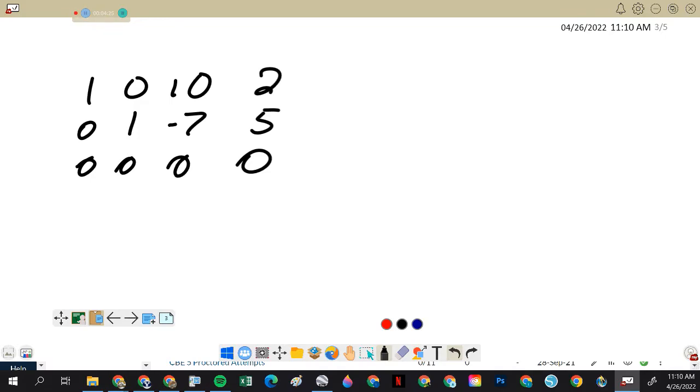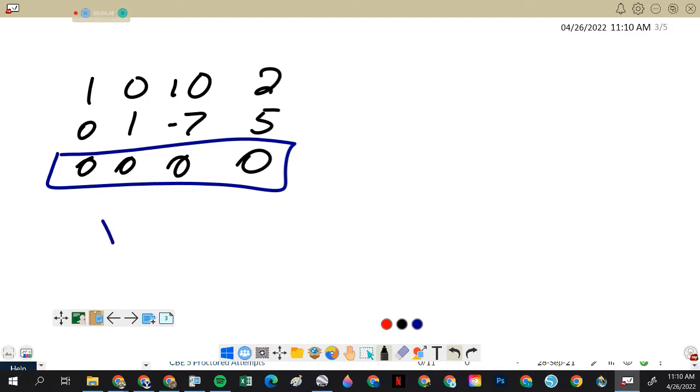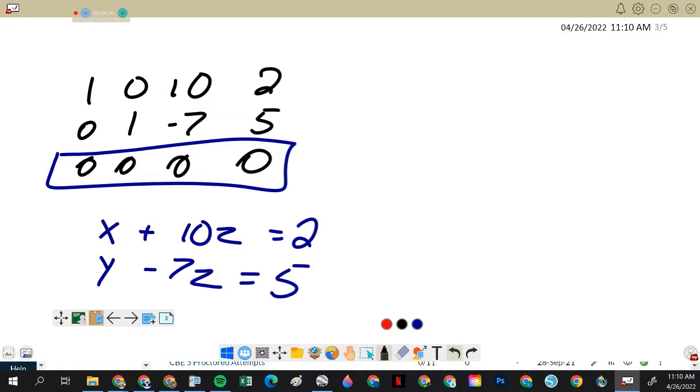All right. So what this is saying is infinite solutions. That's what all zeros means. We also know that 1x plus 10z equals 2, and 1y minus 7z equals 5.